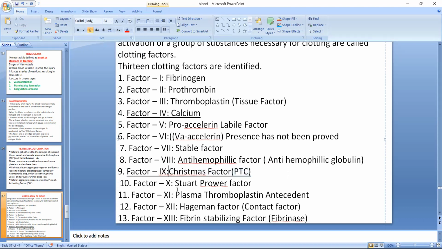The 10th one is Stuart-Prower factor, and the 11th one is PTA, plasma thromboplastic antecedent. The 12th one is Hageman factor, and the last one you should remember is fibrin stabilizing factor.